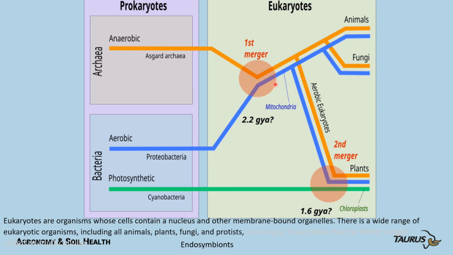Well, they thought that was a pretty good idea, because we get all this extra energy now using mitochondria. And they went along their merry way here, and eventually there was another sort of marriage that took place on some of those organisms, and they consumed other organisms that had chloroplasts and plastids in them. And this group here, aerobic eukaryotes, went on to become plants with plastids and mitochondria.